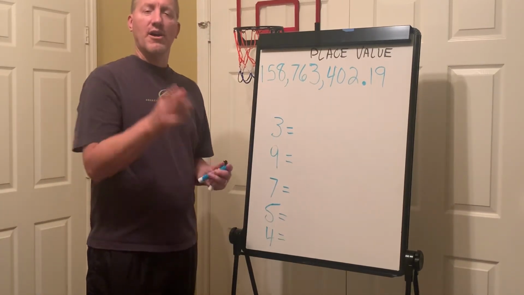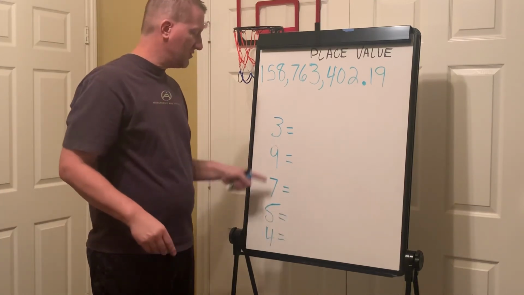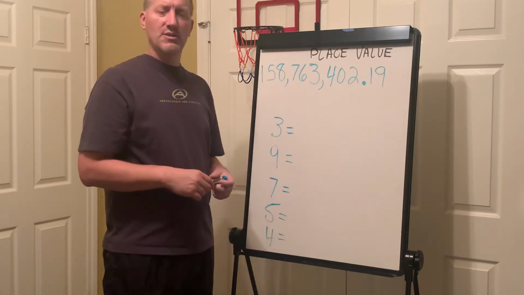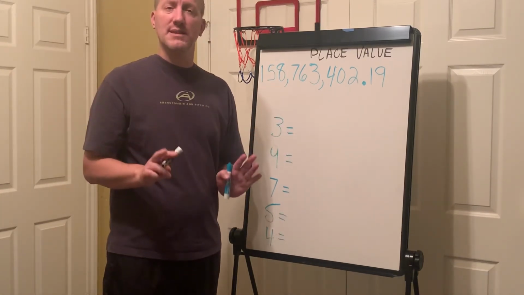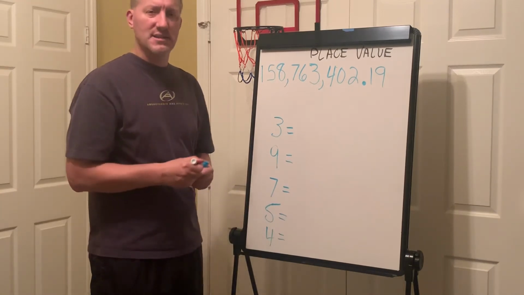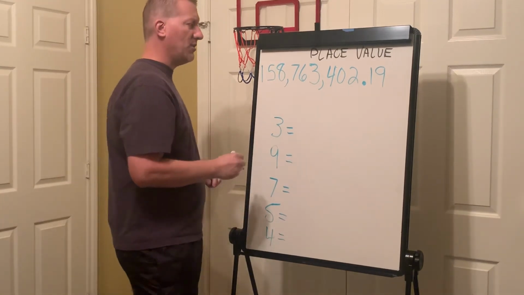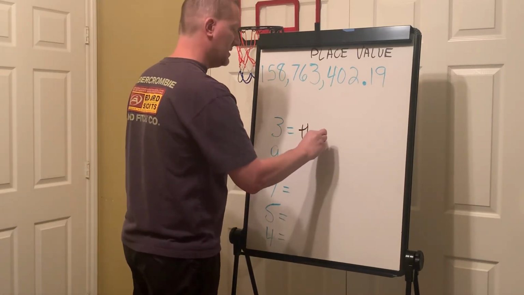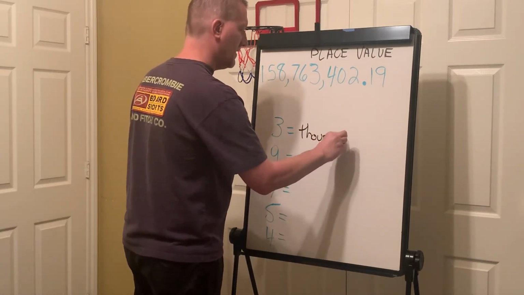Okay? All right, hopefully you have your answers written down for those. Okay, let's see how you did. You don't have to submit this. You don't have to send this to me. This is just for practice. Okay, so the 3 is in the thousands place. Very good.